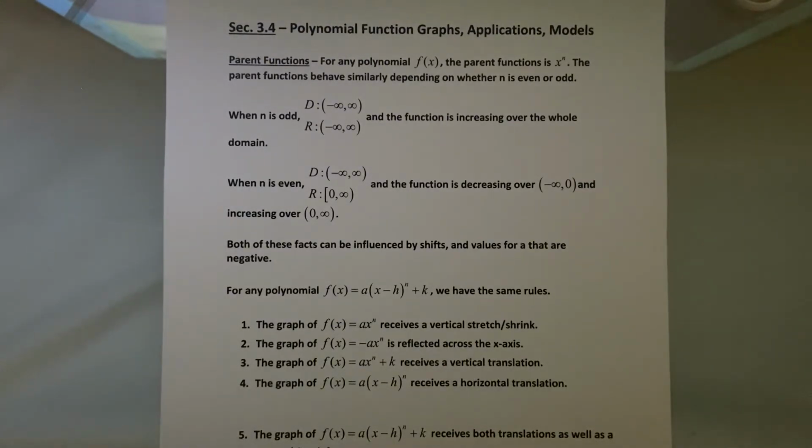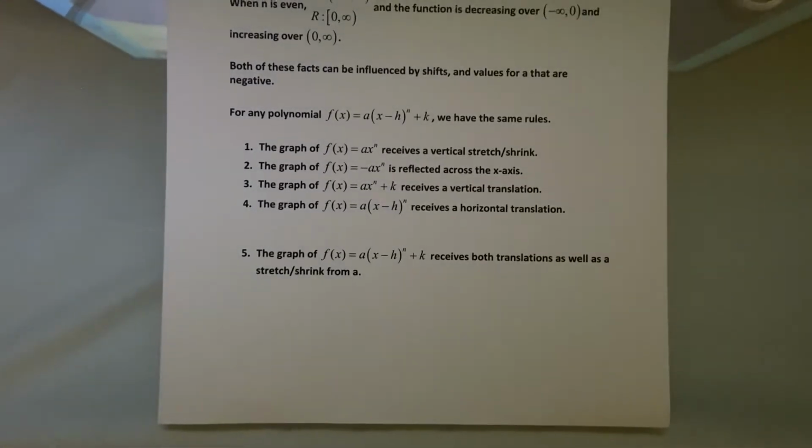Now, of course, both of these can be influenced by shifts and negative multipliers for a. But we talked about how to move the square root functions and the absolute value functions in the past in quadratics, and so the same thing happens here.